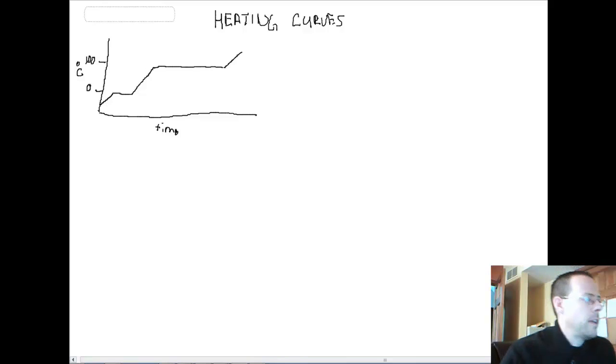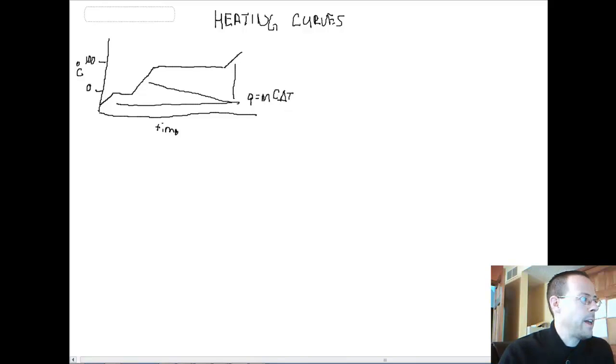Where we have slanty areas, these three sections, we're going to use the equation Q equals MC delta T, which you're familiar with. However, at these two spots where it's flat, delta T doesn't work for us anymore because the change in temperature is 0.